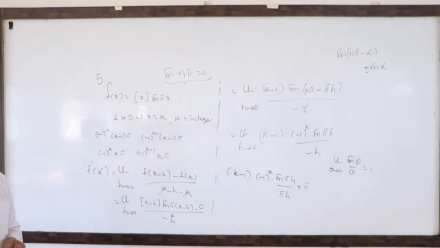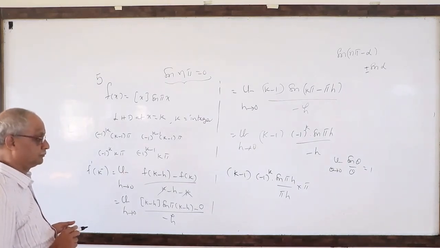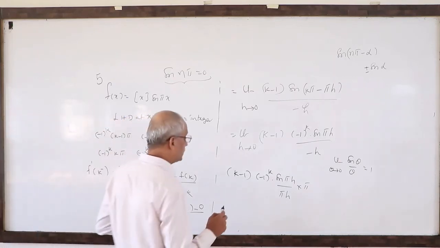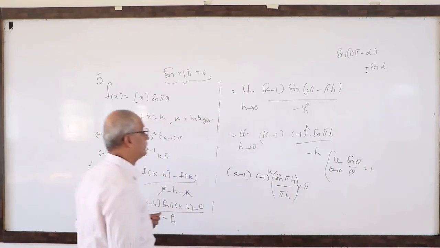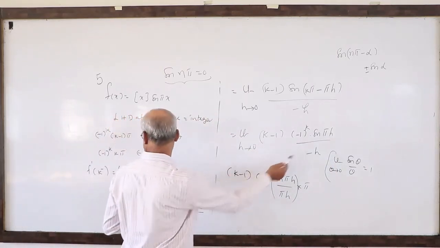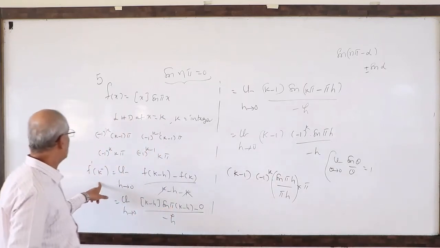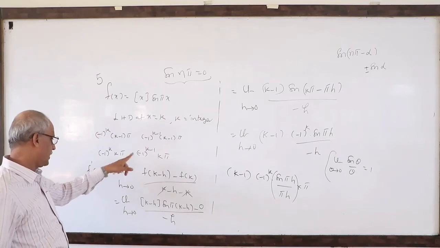See, that is what. We know this is 1. Now, minus 1 power k, one minus is extra. Actually, they are asking for the left hand derivative. If they ask for the right hand derivative, you will get that answer.